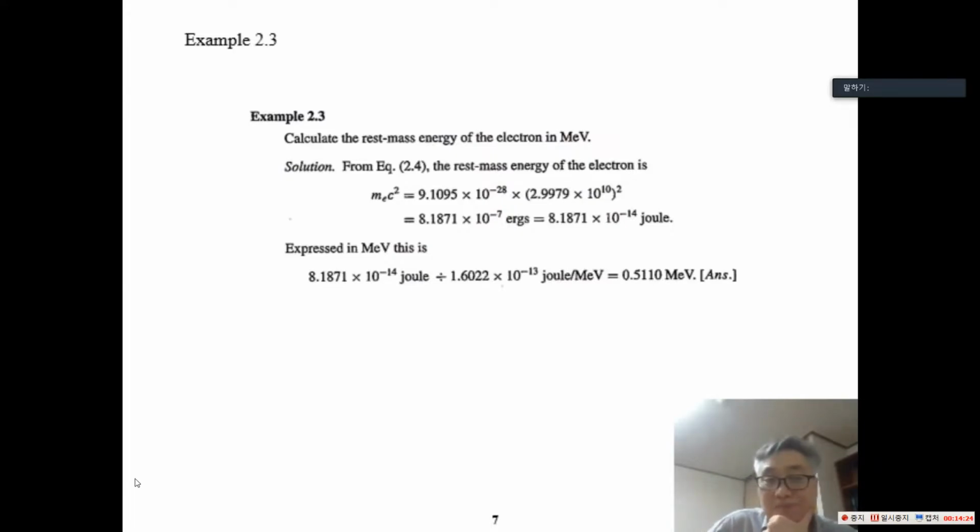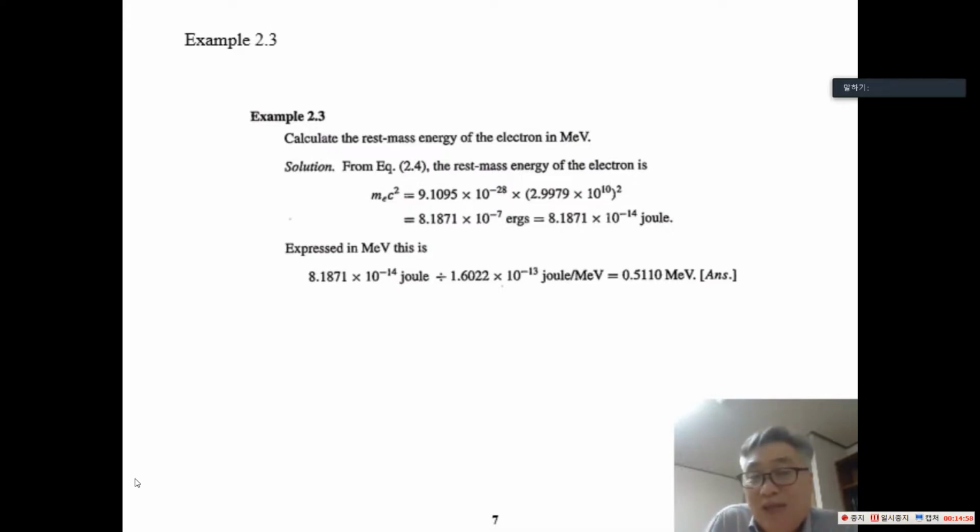So we do the calculation and get 8.1 times 10 to the minus 14 joule. This is even the nuclear energy scale, quite a bit smaller than 1 joule. When we express this energy in mega electron volts, it is 0.511 MeV.